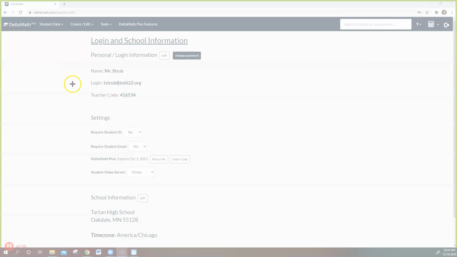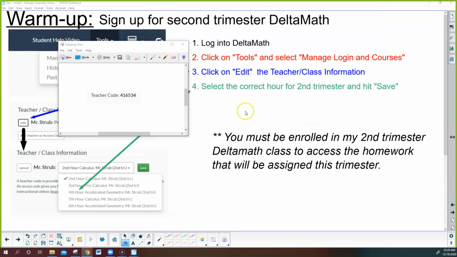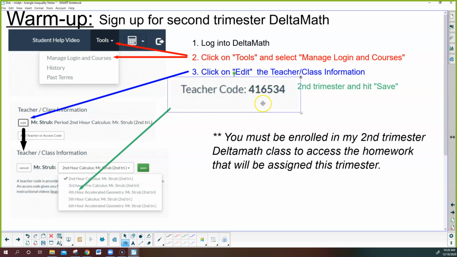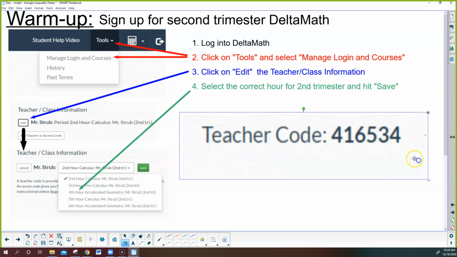I will take a picture of it. So if you need a teacher code, it is right here on the screen, 416534. And then make sure you select 4th hour accelerated geometry 2nd trimester. There should only be one 4th hour option on there.